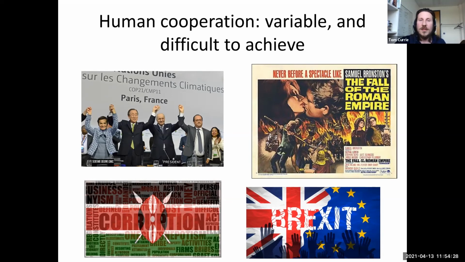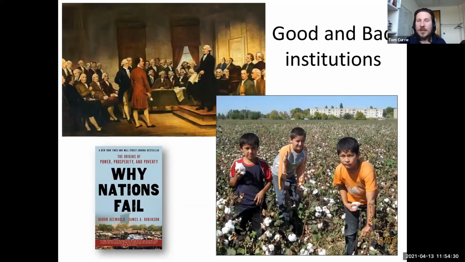is through institutions. Political scientists or economists will often distinguish between good and bad institutions. People like Acemoglu and Robinson have come up with schemes where they talk about good institutions as ones where the majority of the population are allowed to be involved in political and economic decision making.